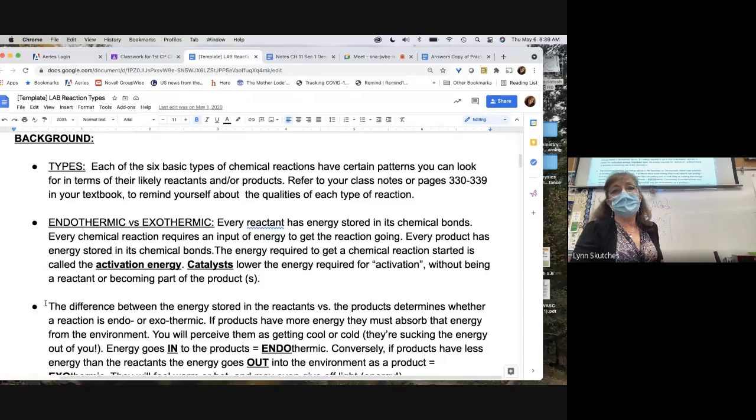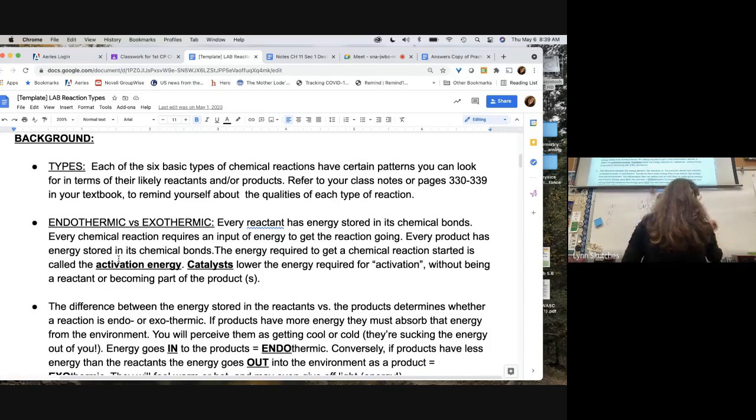One of the things that happens in a chemical reaction, the reason why a catalyst works, is if we look at the energy involved over time, there's a certain amount of energy in the reactants, and there can be a certain amount of energy in the products.